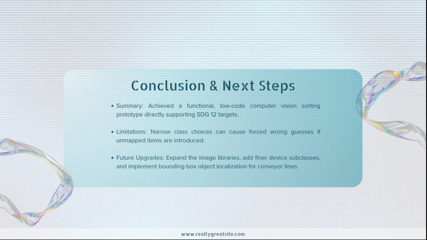Moving forward, our group plans to expand our training dataset varieties, add component subclasses, and integrate bounding box object localization so our app can track multiple items moving down an industrial conveyor belt at the same time.